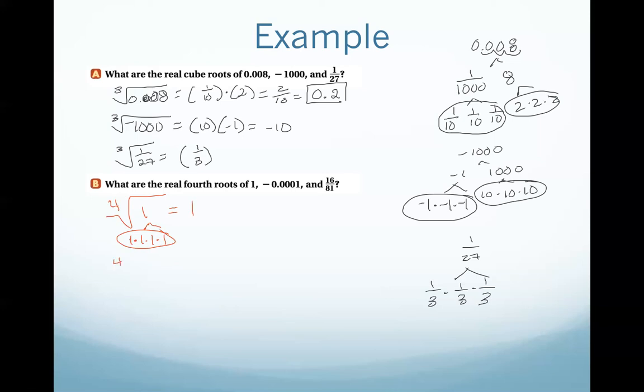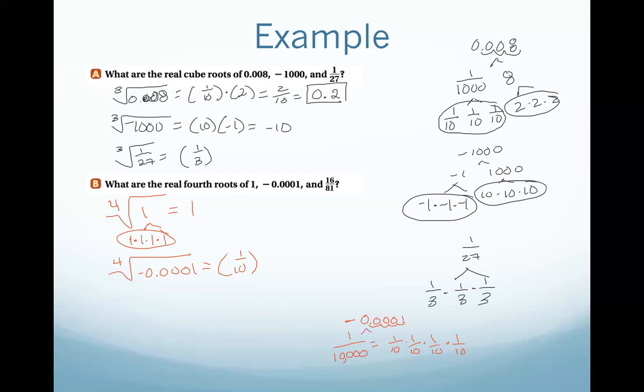How about the fourth root now of negative 0.0001? Well, we can do the decimal part like we did before. 0.0001 with 3 zeros and then a 1 means that's 1 over 1,000. 1, 2, 3, oh, nope, 10,000. 4 decimal places is 4 zeros. So that means I can write it as 1 over 10 times 1 over 10 times 1 over 10 times 1 over 10. But now I have to deal with that negative, right?